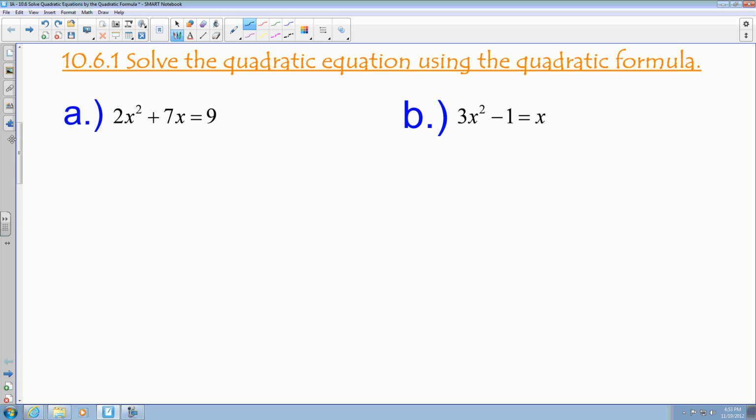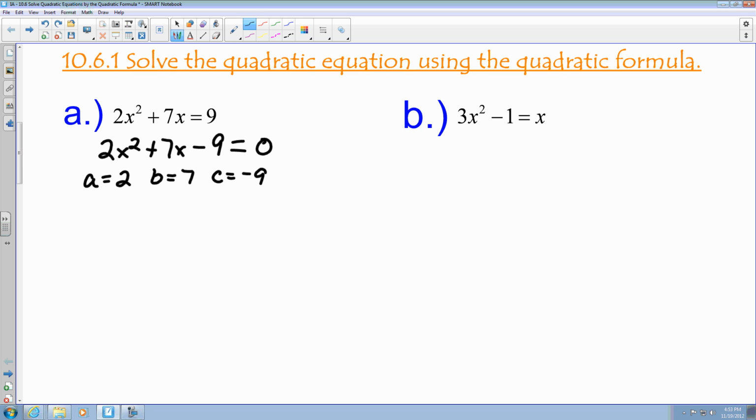So here I'm going to have 2x squared plus 7x minus 9 equals 0. That means that my a equals 2, my b equals 7, and my c equals negative 9. Now all I have to do is substitute those three values into the quadratic formula.